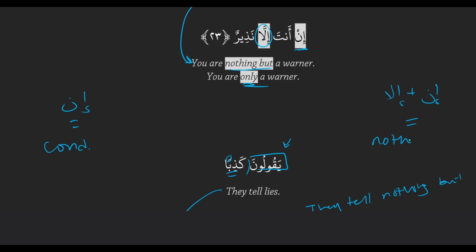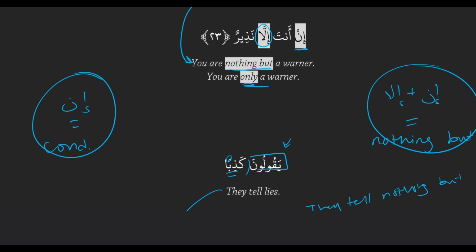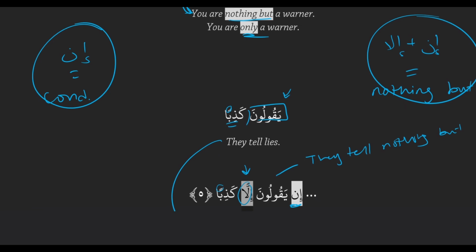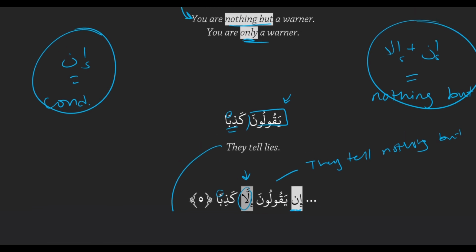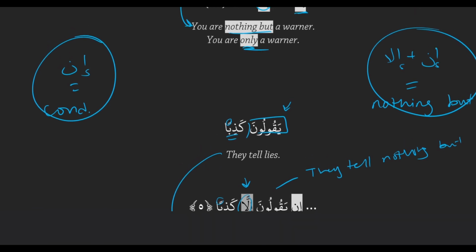It means "nothing but." When we have in plus illa together, we're not going to have any meaning of "if" or any conditional. If it comes with the illa, then it's "nothing but." If you see it by itself, then it's conditional. I guess yaquluna is not even jussive anyways. It's not jussive, yeah. A conditional in will make the verb jussive, this in wouldn't, and it will be accompanied by illa.